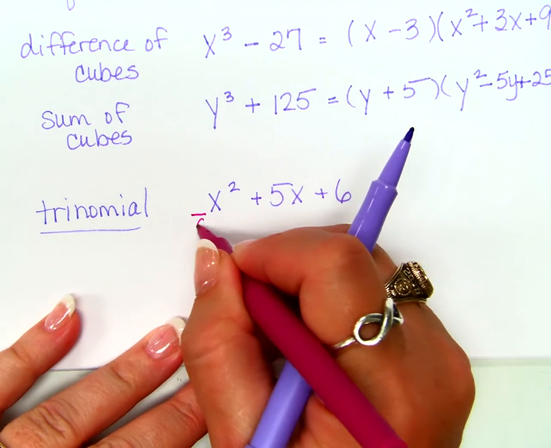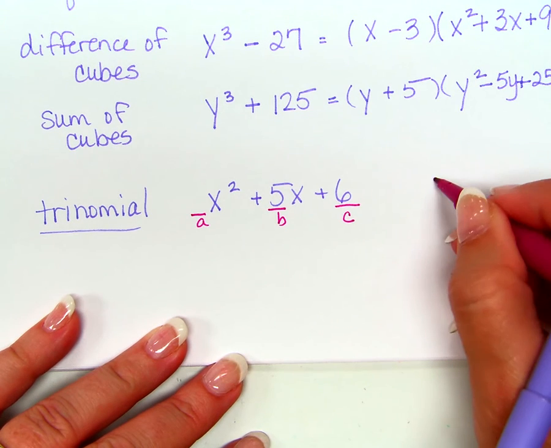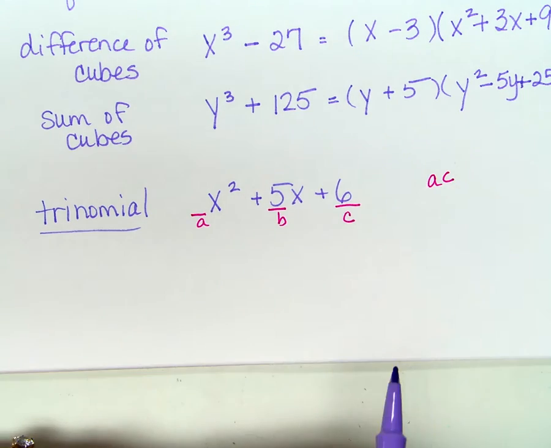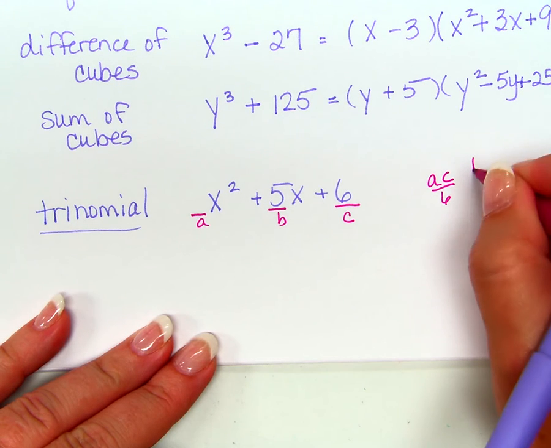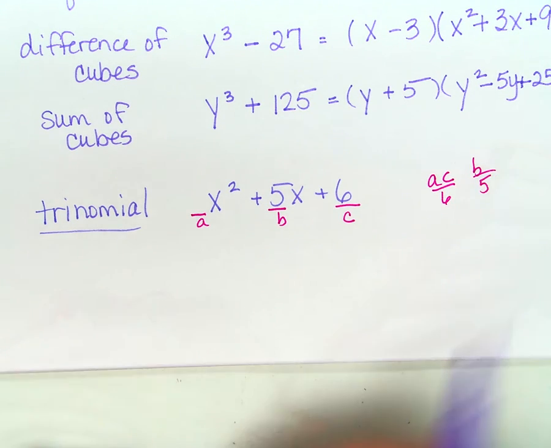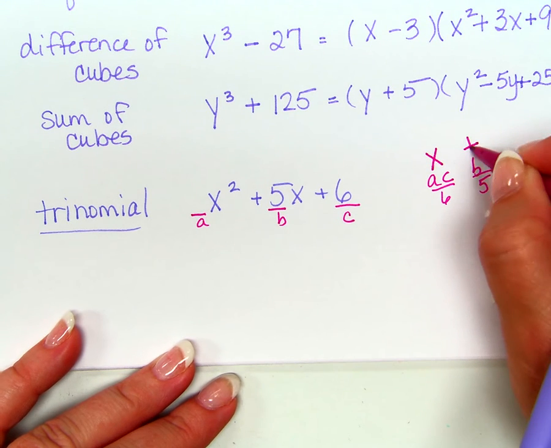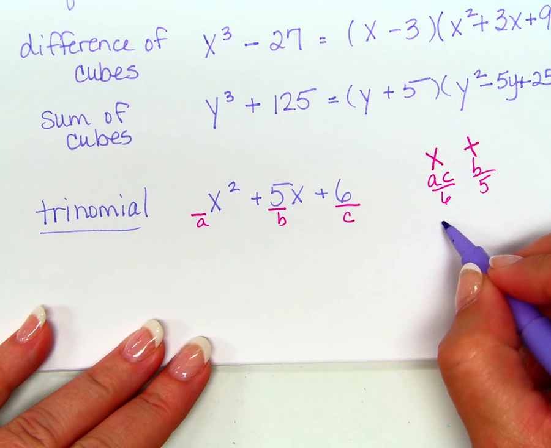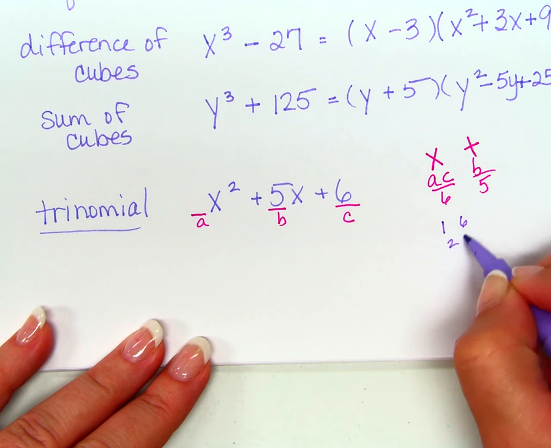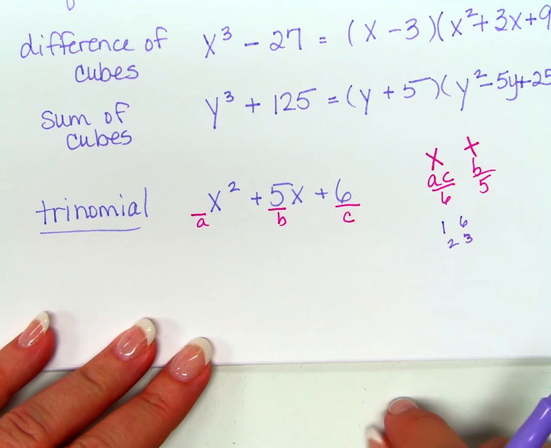If this is A, and this is B, and this is C, first we found AC. And that's 6, right? And then we found B, which in this case is 5. What multiplies to be AC and adds to be B? Well, the numbers that multiply to be AC are 1 and 6 and 2 and 3. Which one of these pairs of numbers add to be 5?